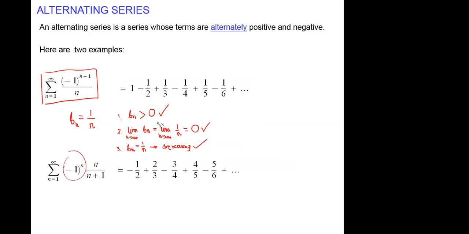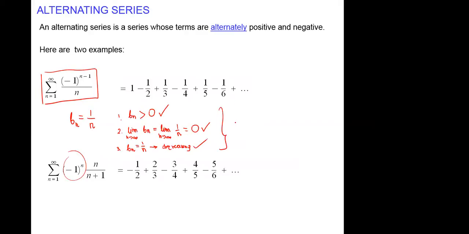That means these three conditions are the ones we have to check for the alternating series test. The values are positive, the limit at infinity is 0, and it is decreasing. If this alternating series satisfies all three conditions, we can conclude convergence.